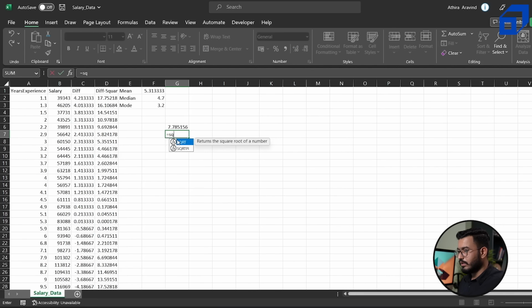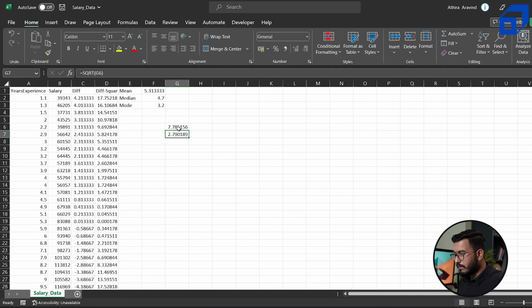I'll take the square root of this value. So is equal to square root of this value, and that is 2.7, which basically means on an average a particular data point is 2.7 units above or below the mean, and that is the standard deviation of the data.